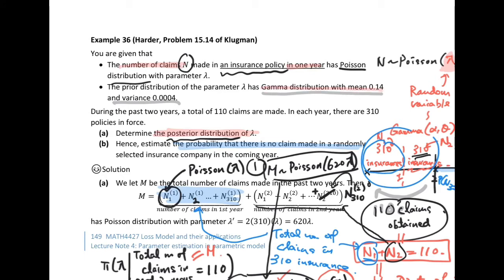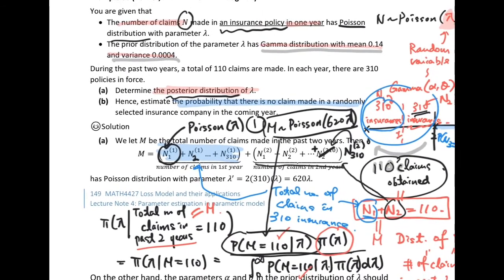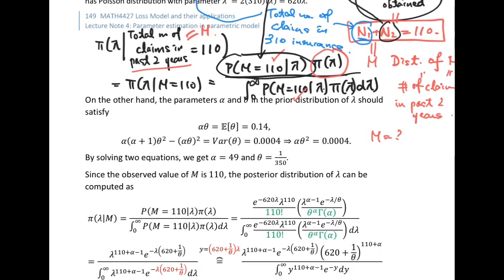So which is this one. Remember for the gamma distribution, the PDF is s over theta, to the power alpha, and then e to the power minus s over theta, divided by gamma alpha, right?